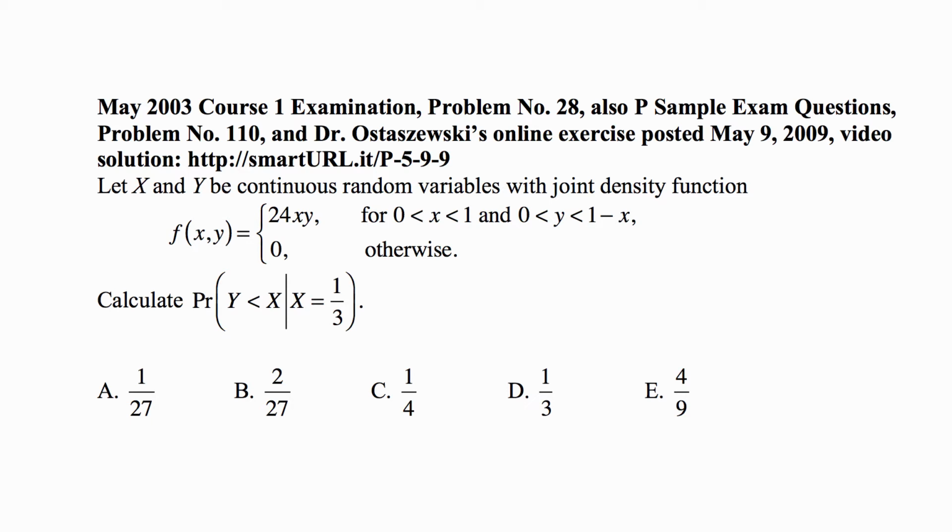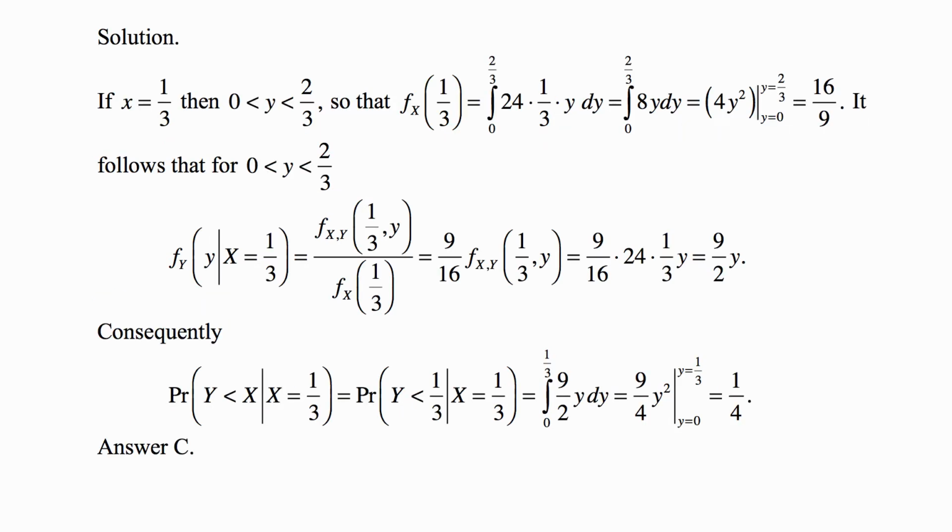And we are supposed to calculate the probability that y is less than x given that x is equal to 1/3. Okay, when x is equal to 1/3, then y is between 0 and 2/3. So if we want to find the value of the density of x at that specific number 1/3, we can find it by taking the integral over all possible values of y of the joint density.